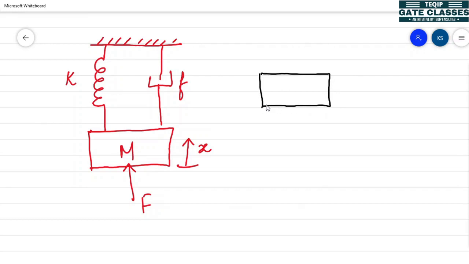So I am taking the mass and applying the forces acting on the mass. I can see the forces acting on the mass in this direction. So this is the force acting on the mass. Because of the spring and the damper element, some forces are also acting on the mass.